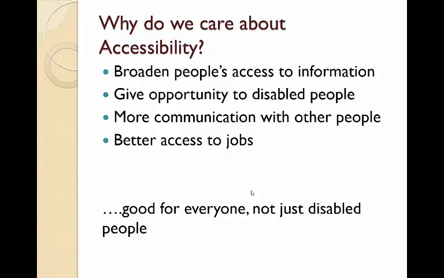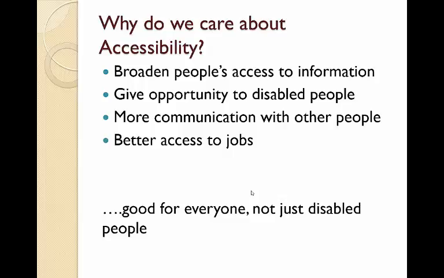Give opportunity to disabled people. Without accessibility, there's lots of opportunities where the doors are shut. Create more communication with other people, and give disabled people better access to jobs. And I really strongly believe that if it's good for a disabled person, it's good for everyone. And so when you're designing accessibility into your website, you're probably making it clear for anyone who is able to use that site also.